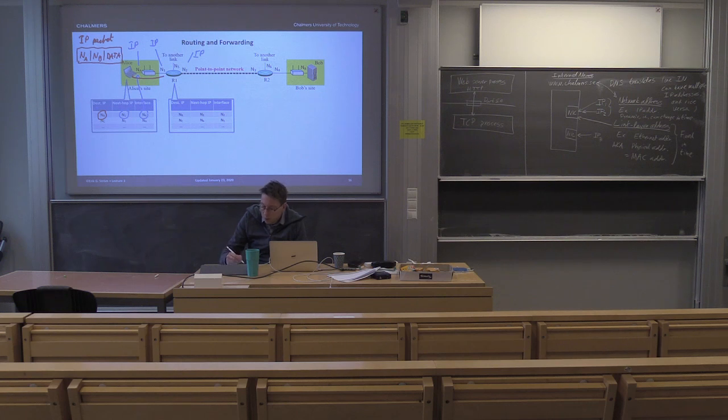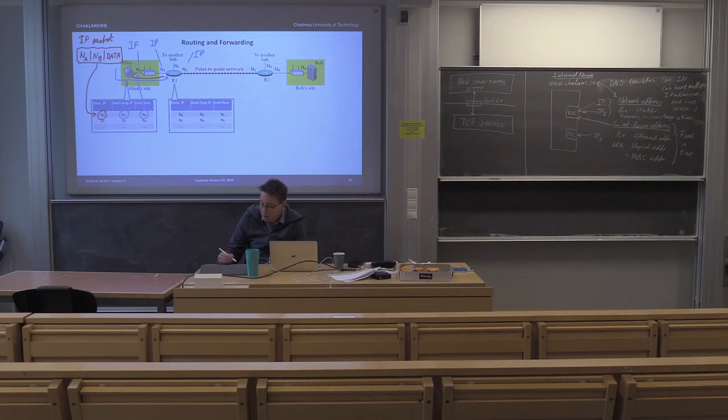So the first thing to do is to inspect the destination, read off this line, and figure out that we should send it to N1, using the interface NA. And then the packet has now gone here.